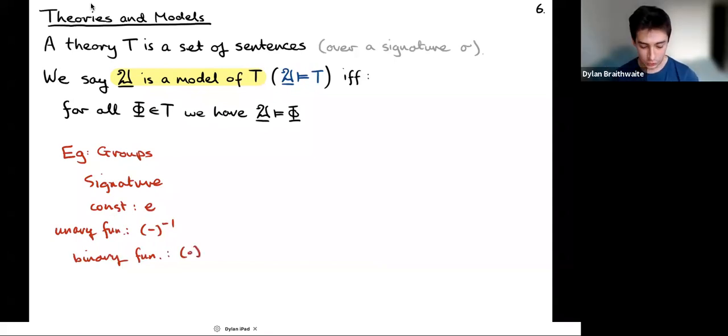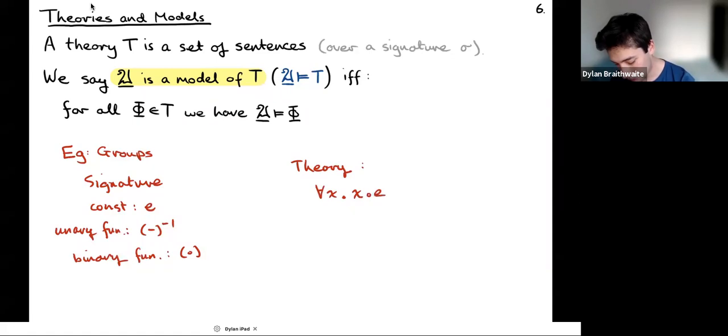And then we have some axioms, which are the sentences that exist in the theory. We need to say what the identity element is, for example. So that'll look like: for all x, x operate on the identity equals x.